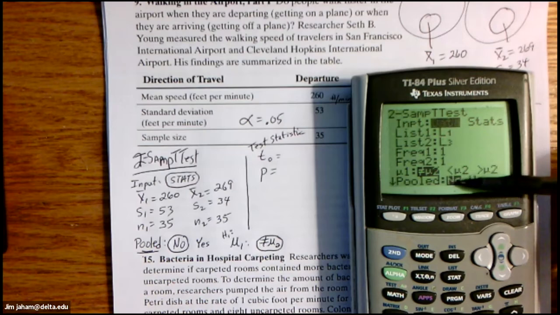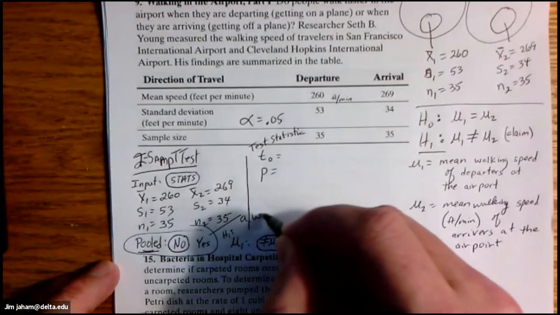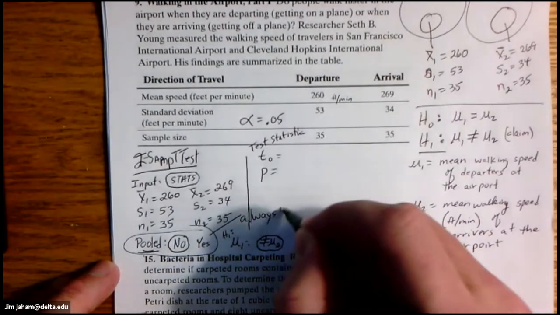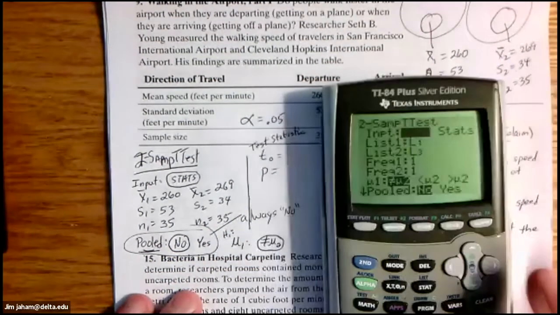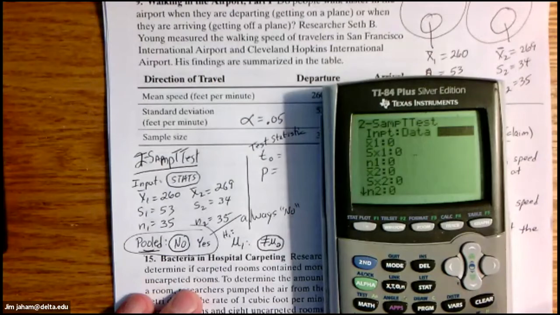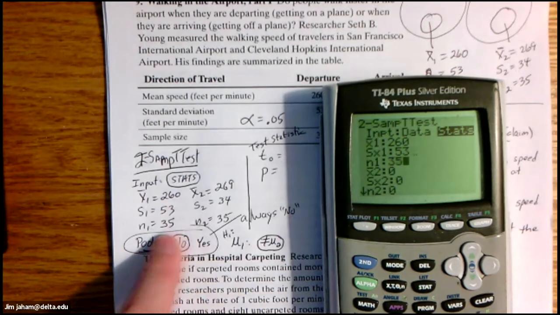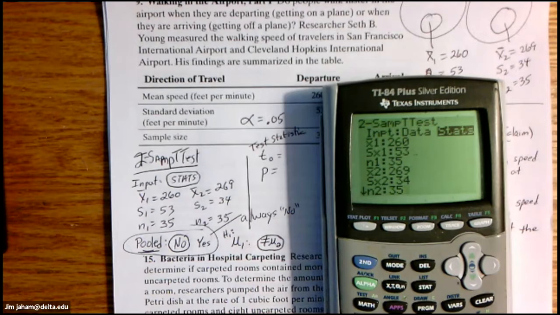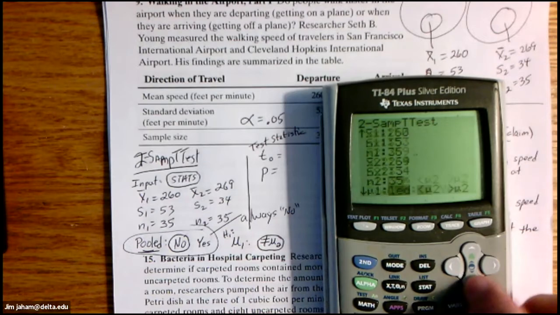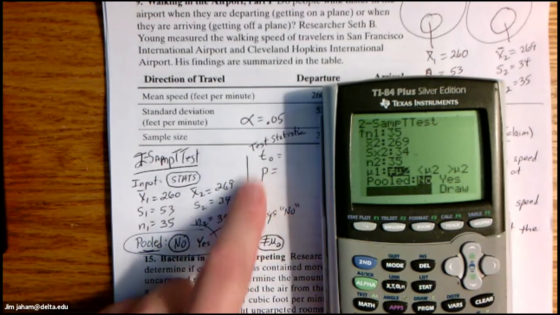All right, and then pooled no. So for our tests, we're going to say always no. All right, instead we're going to select the summary statistics, and then we're going to put in all these numbers: 260, 53, and 35, 269, 34, and 35. Not equal to, pooled equals no, and then we calculate to get our test statistic and p-value.